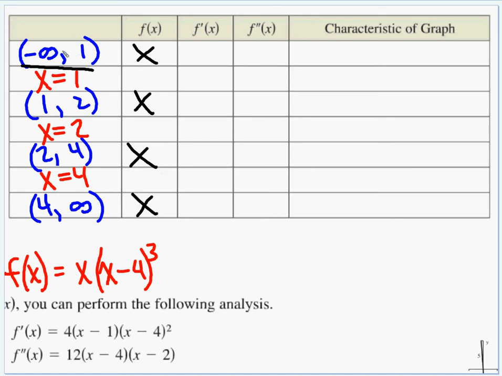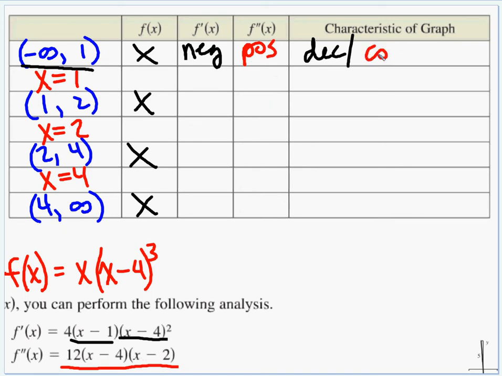If I put 0 in there, this is going to be a negative value, and this is going to be a negative, but it's squared. So that's negative times positive, which is negative, and our function is decreasing on the interval. If we put 0 into the second derivative, 0 minus 4 is negative, 0 minus 2 is negative. Those multiply to a positive, and we are concave up.